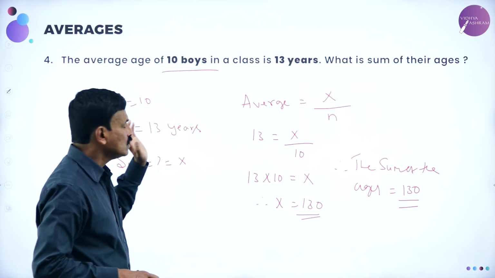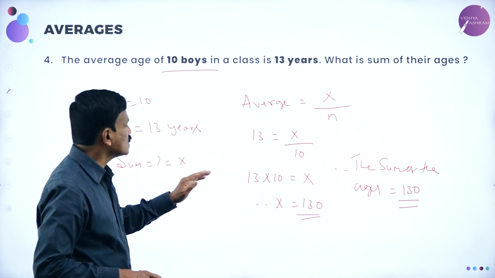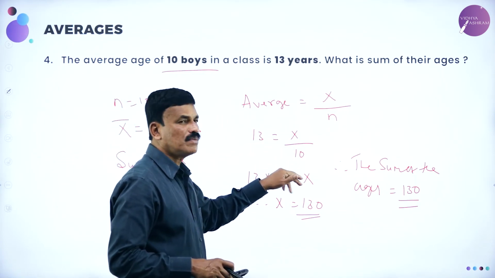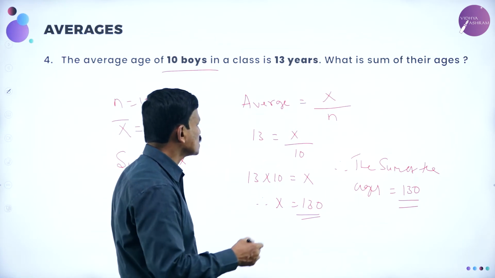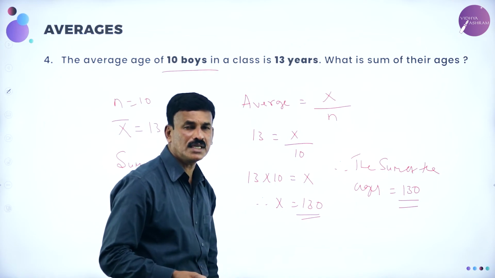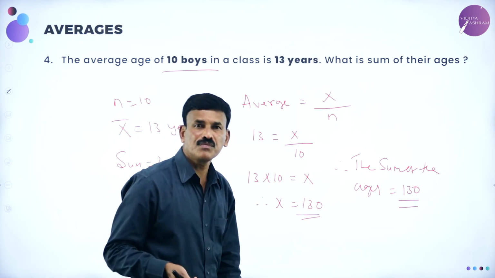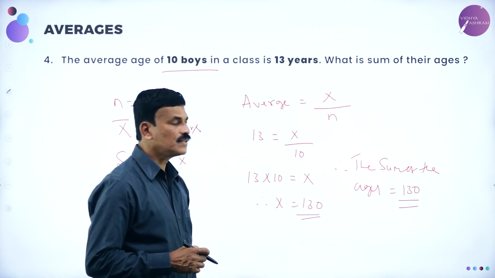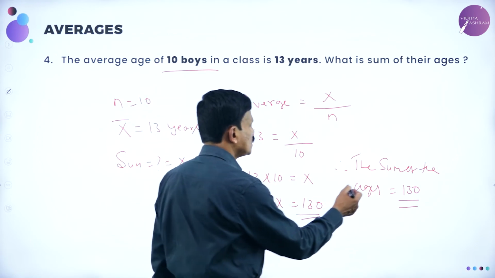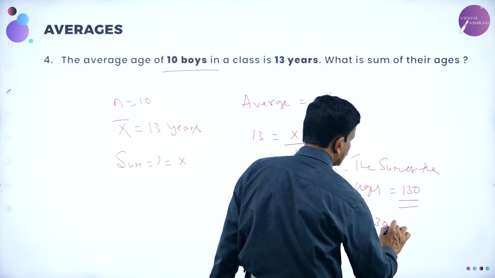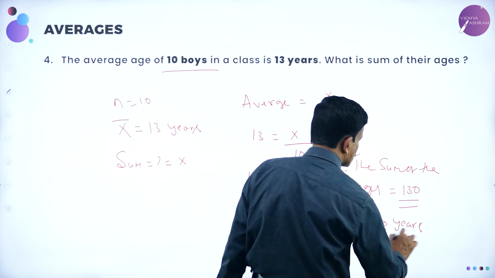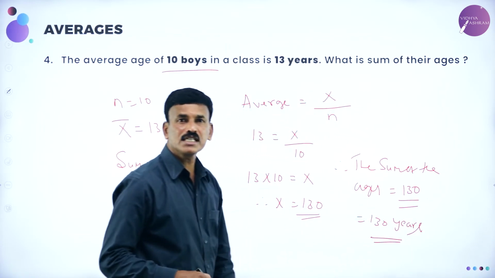If x is the sum of the ages, then x divided by 10, cross multiplied, 10 into 13 is equal to x. Therefore, the sum of the ages is equal to 130 years. That's it. Now, move on to the next problem.